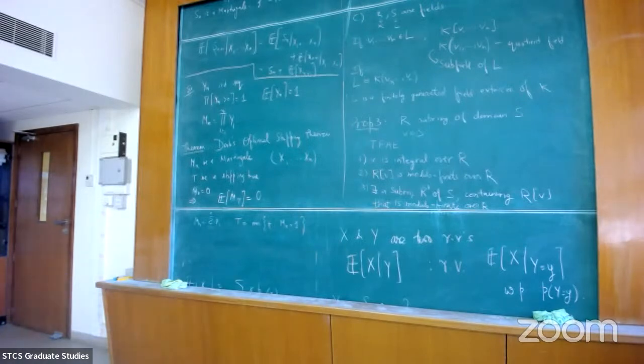T is the minimum time that you need. Just think of M of capital T. Can you say anything interesting about it? It's just 1. So how can the expected value of M of T be anything other than 1? It's by definition equal to 1.